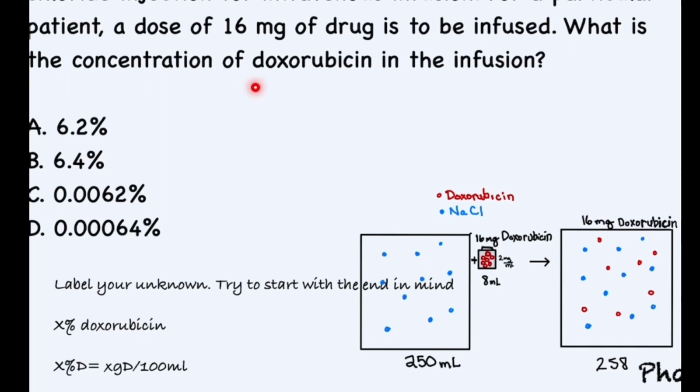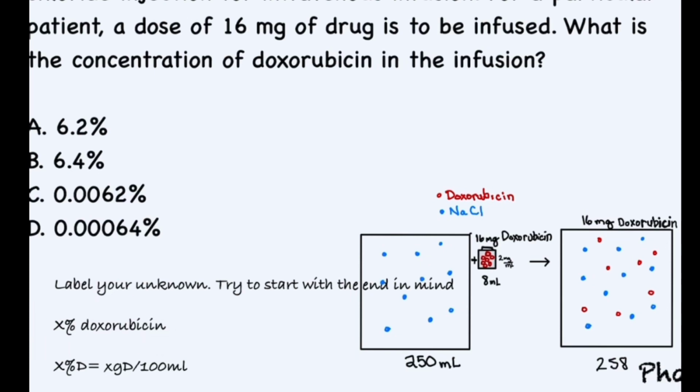What is the concentration of doxorubicin infusion? Label our unknown. The unknown is X. What is the concentration, so I put my percent concentration representation here, of doxorubicin, so I specified which concentration. That's what we want to know in the end.